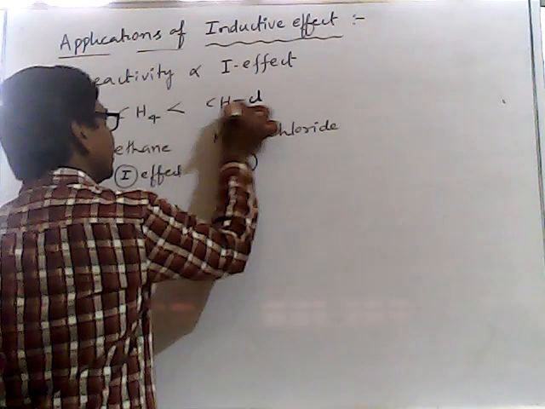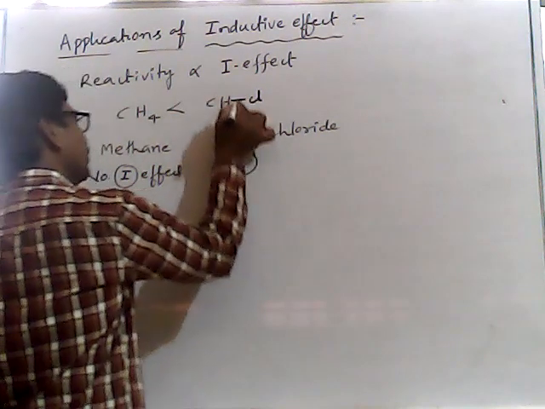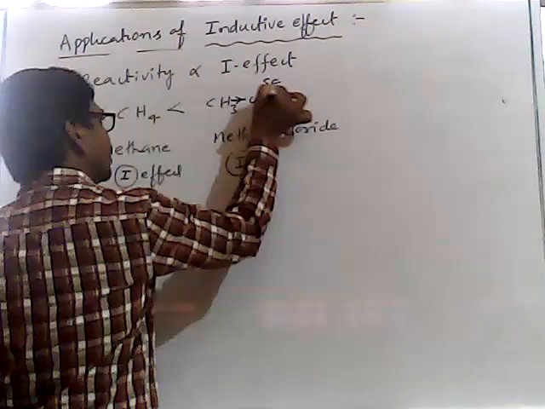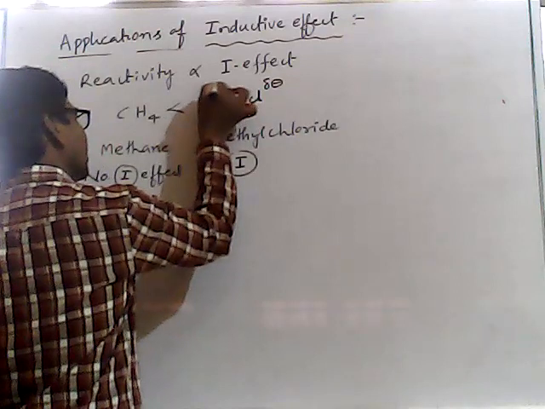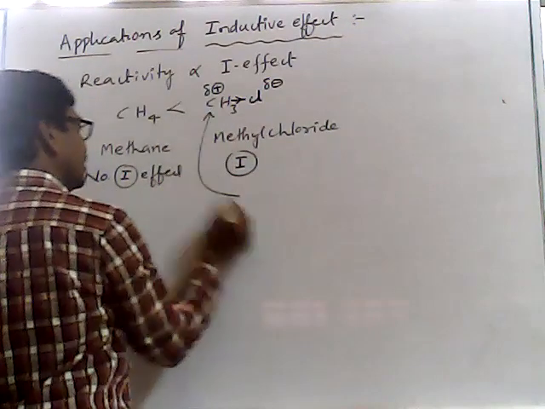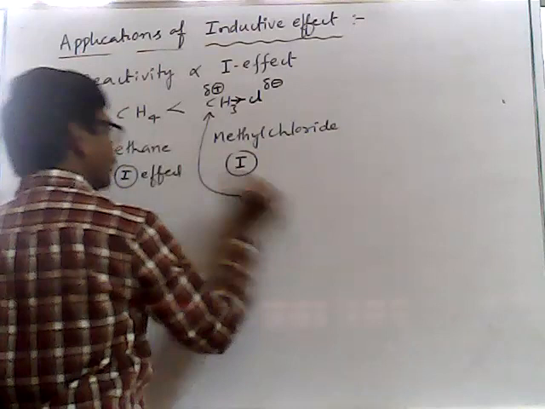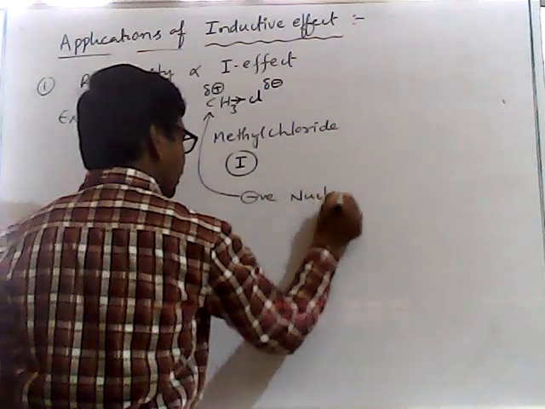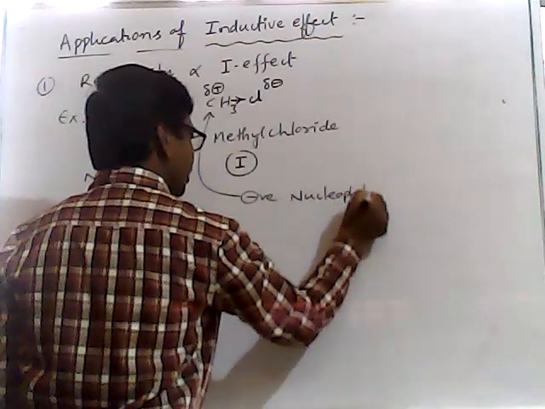Here see these sigma electrons moving towards chlorine. Chlorine will take a partial negative charge and carbon will take a partial positive charge. So the attacking reagent here is a negatively charged group, which is nothing but a nucleophile. Negatively charged groups are nothing but nucleophiles.